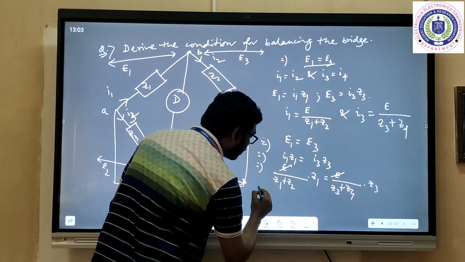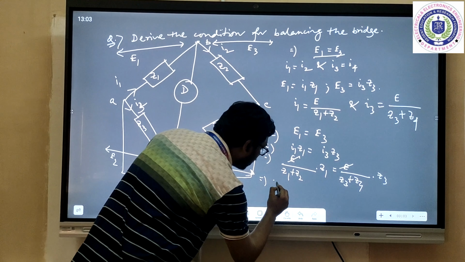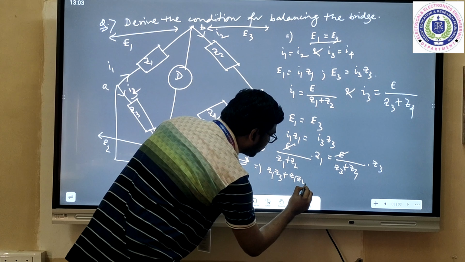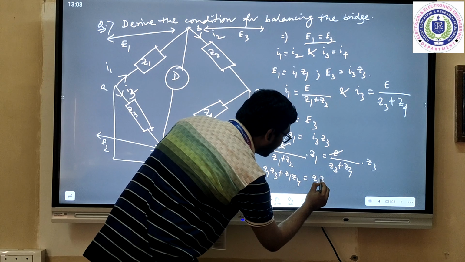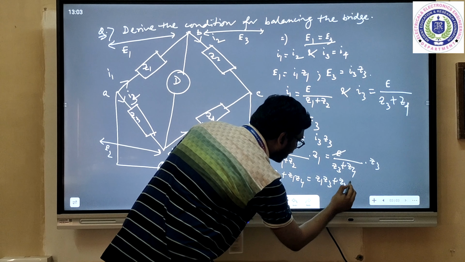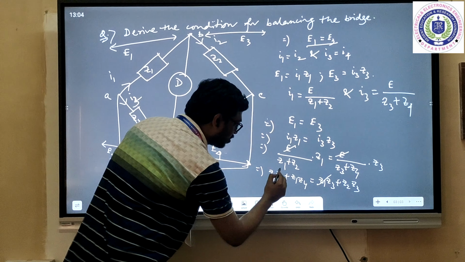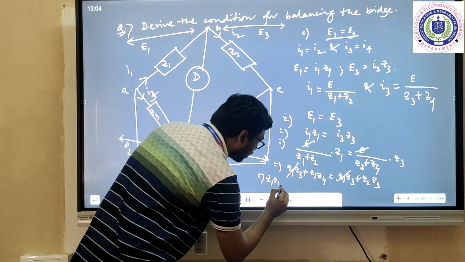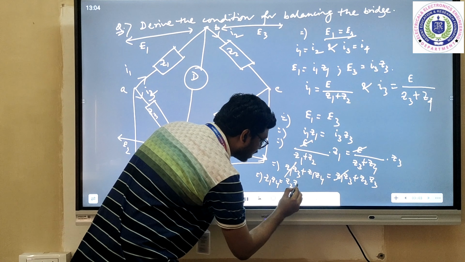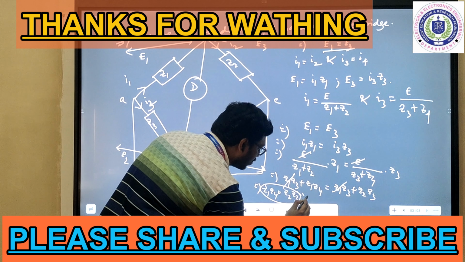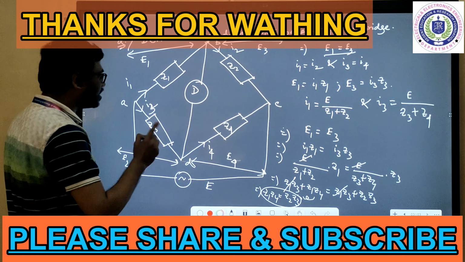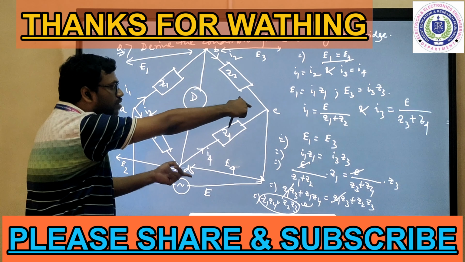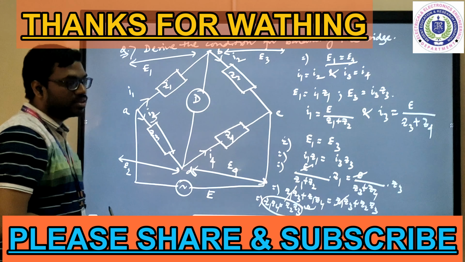So E got cancelled and the result will be Z1 Z3 plus Z1 Z4 is equal to Z1 Z3 plus Z2 Z3. So Z1 Z3 got cancelled and the result will be Z1 Z4 is equal to Z2 Z3. This is the condition for balancing of a bridge. And Z1 Z4 means the criss cross product will be same. This multiplied by this should be equal to this multiplied by this. Okay, that's it.